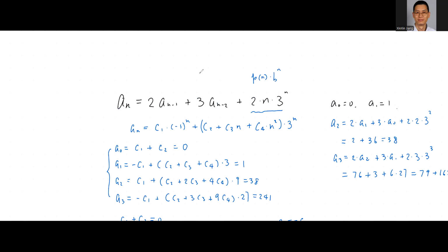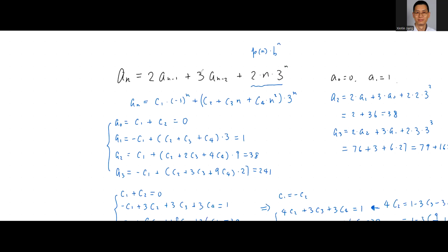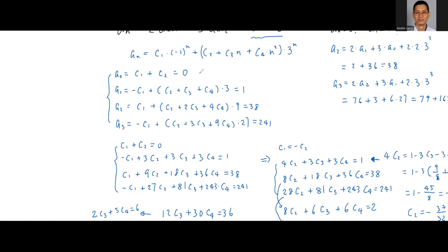Then you're able to write down the whole characteristic equation and solve it, and use the theorem which deals with distinct roots and the roots with multiplicity. You can write down the general solution very quickly.